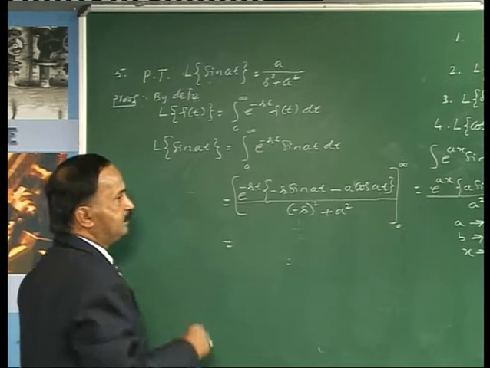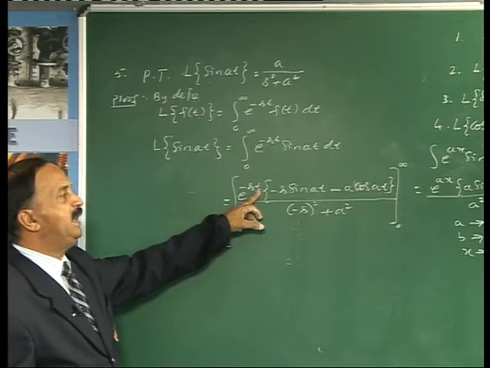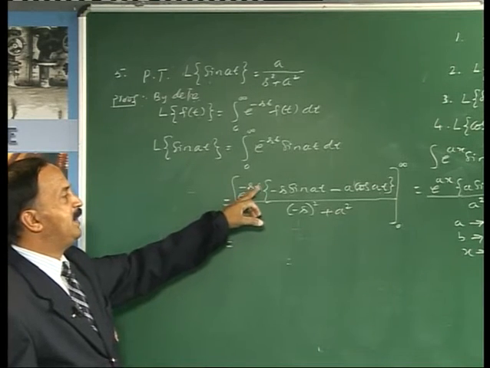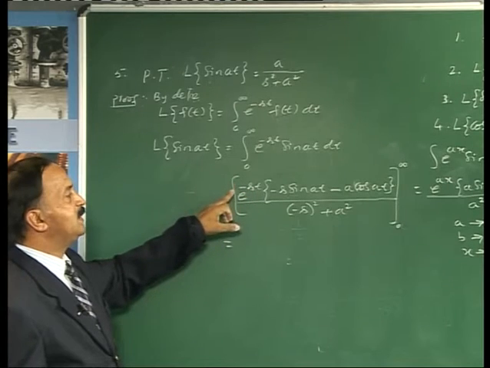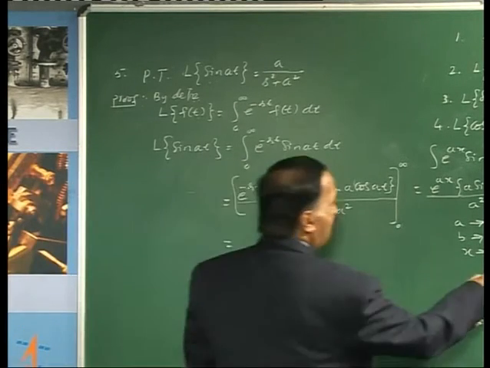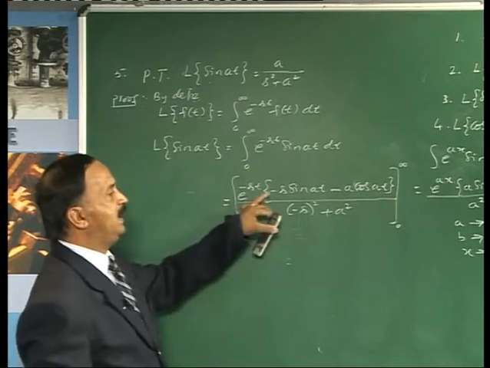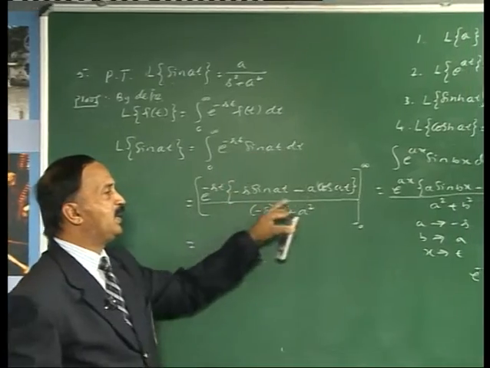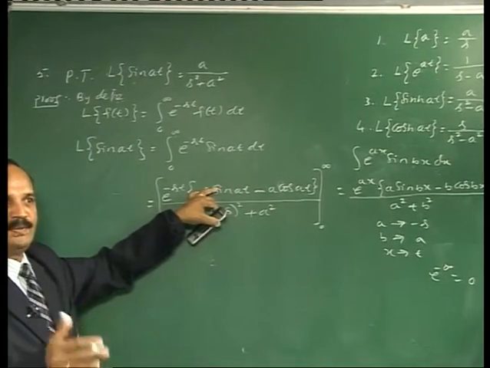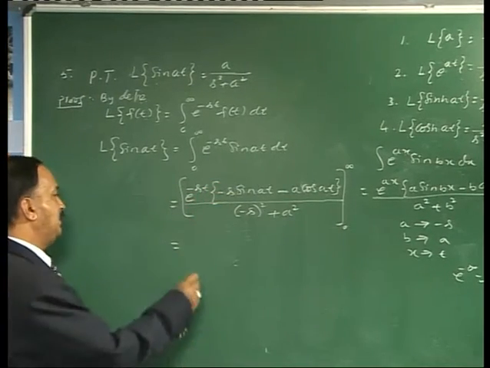Now you put t equal to infinity, the upper limit. Infinity into s, whether real or complex, again becomes infinity with negative. So e to the power of minus infinity is 0. 0 into something, where sin and cos values lie between minus 1 and plus 1, is 0.